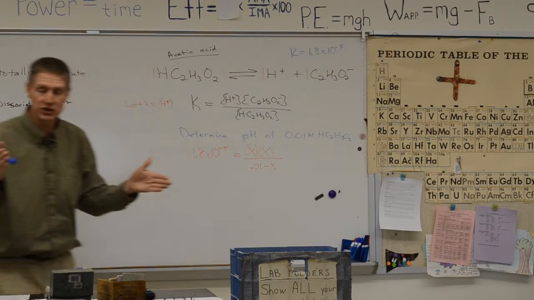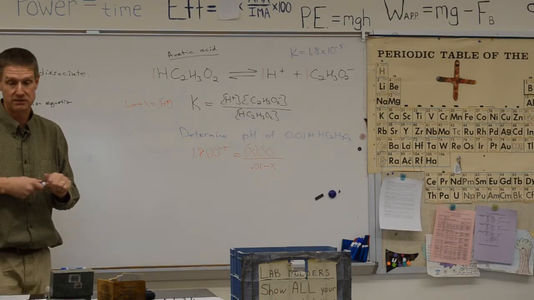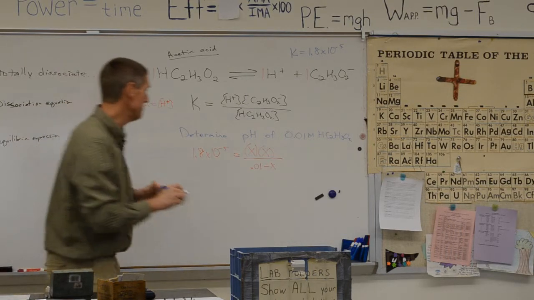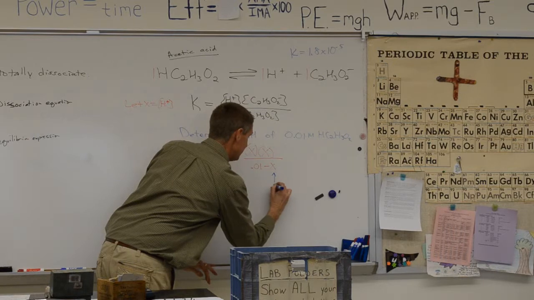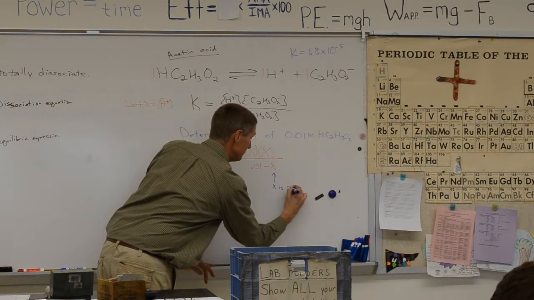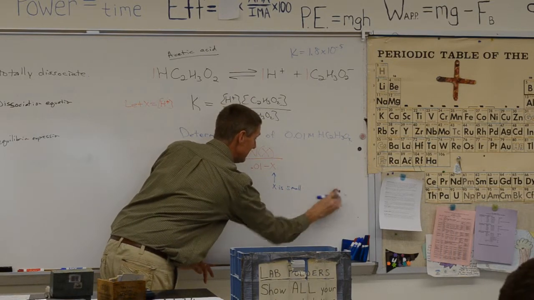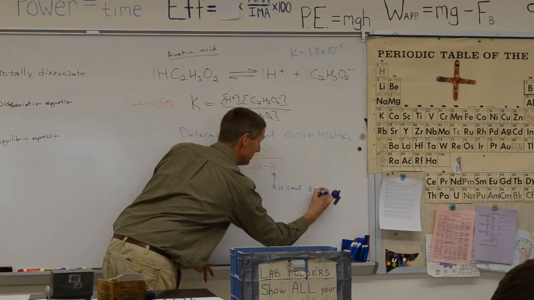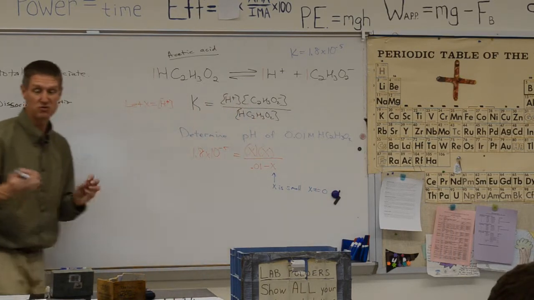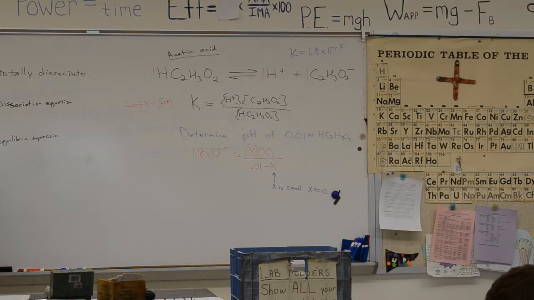That's a 10 to the third, or 1,000 times difference. So we can make the assumption that X is going to be small, approximately 0. Very, very few of these break apart.